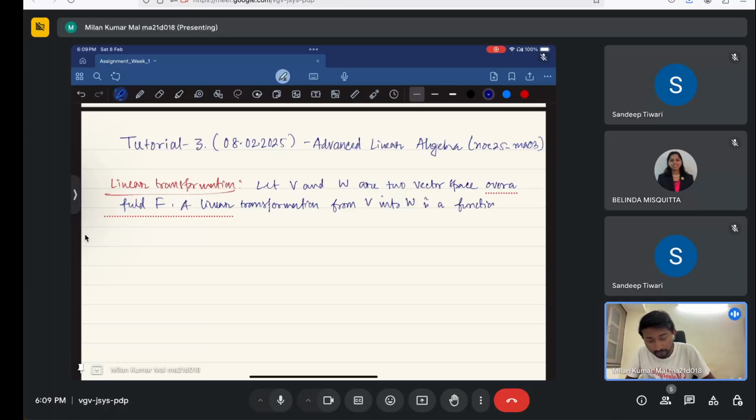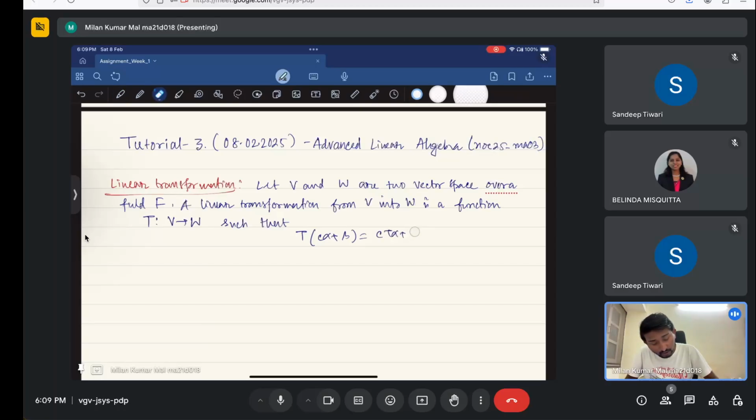That should be a function, but with a certain condition: a function T from V to W such that T of c alpha plus beta is equal to c T alpha plus T beta.